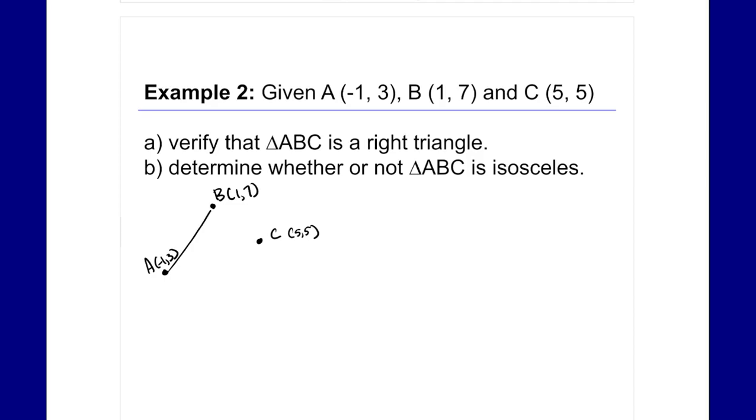So I'm just going to roughly draw my lines. And the reason we want to do this, again, is not to accurately check whether it is a right angle or isosceles, but to know where the points are in reference to each other. So the first thing we have to do, if we're determining if it's a right angle or not, is find the slopes.